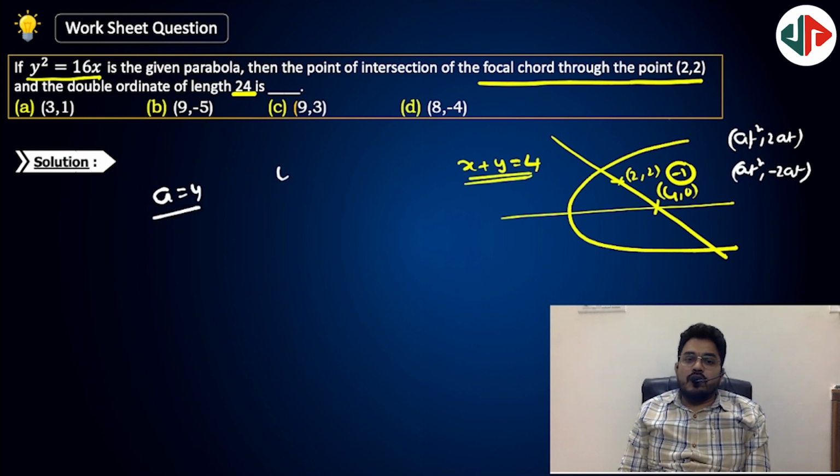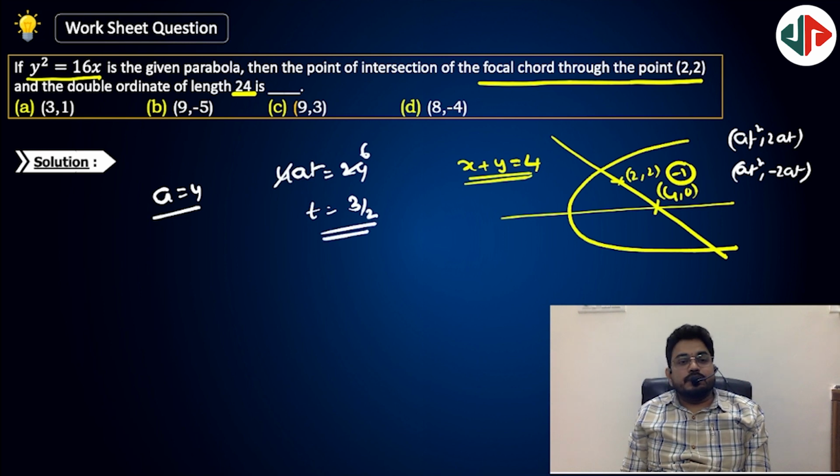So 4at is equal to how much they are saying? 4at is equal to 24. Okay. So 4 6. So what is t value? 3 by 2. So this is going to be the line, the double ordinate.